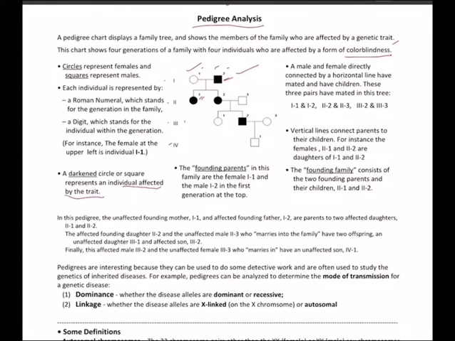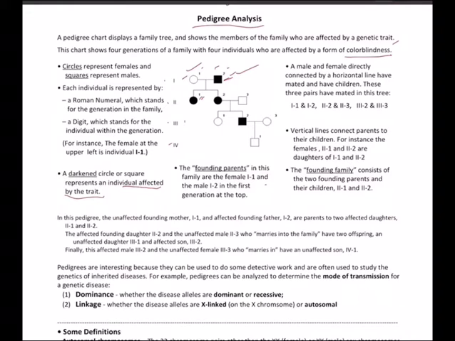Then the founding parents in this family are the female 1, 1 and male 1, 2 in the first generation at the top. This is the female, this is the male, mother and father.